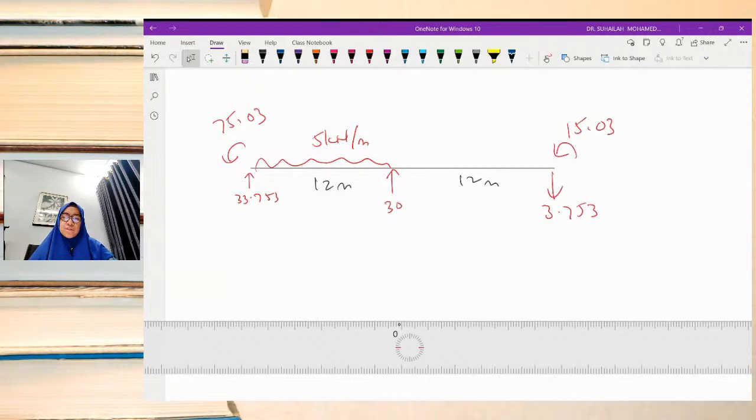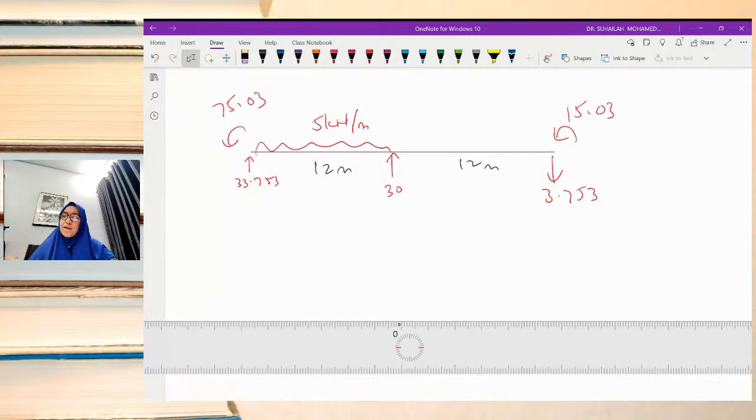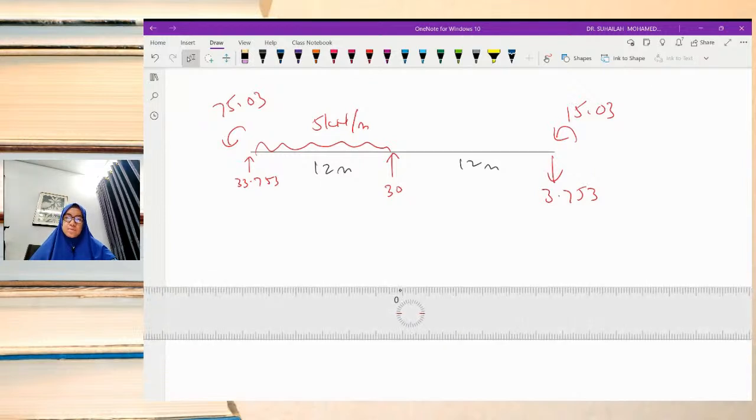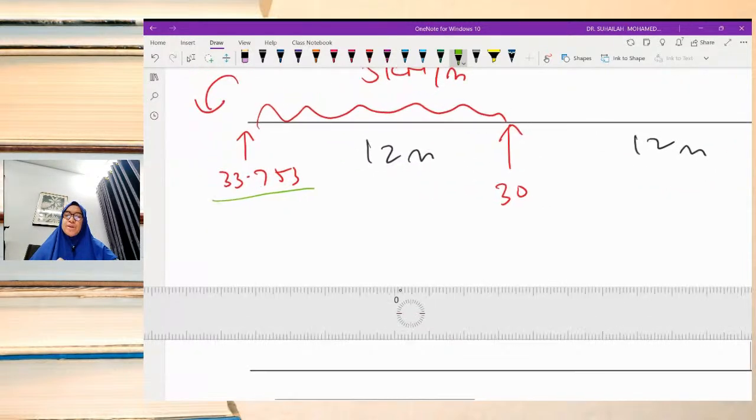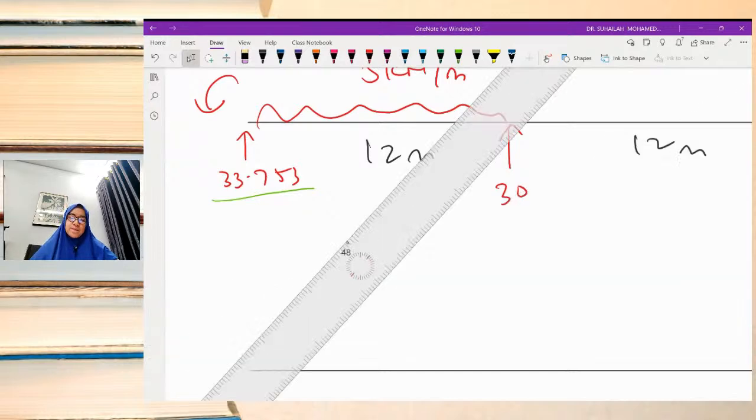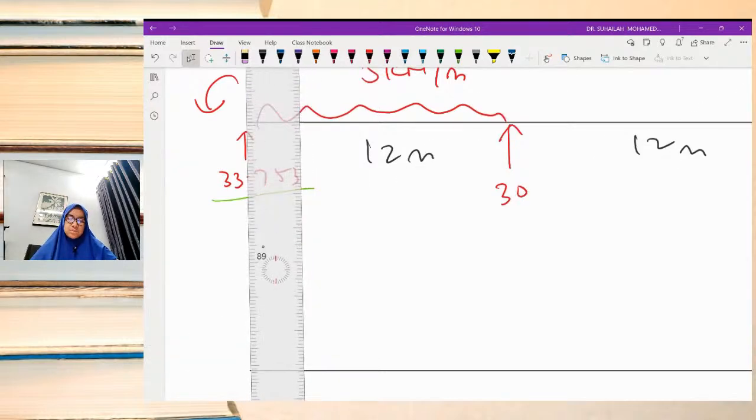For the shear force diagram, positive 33.753 means it is going up.